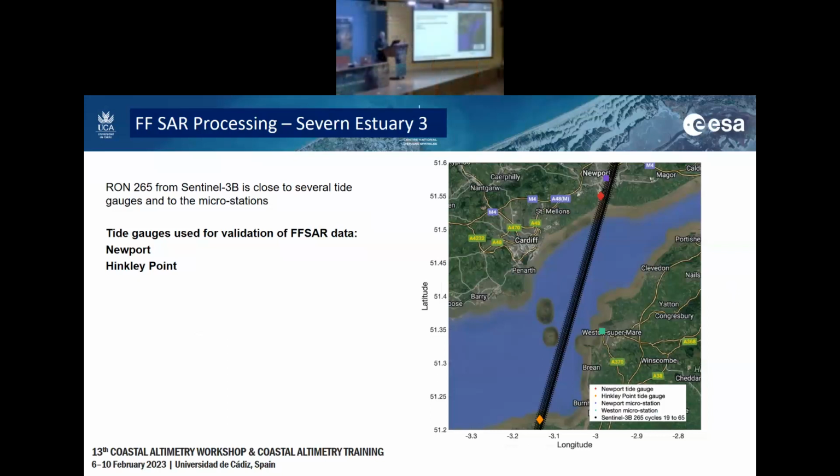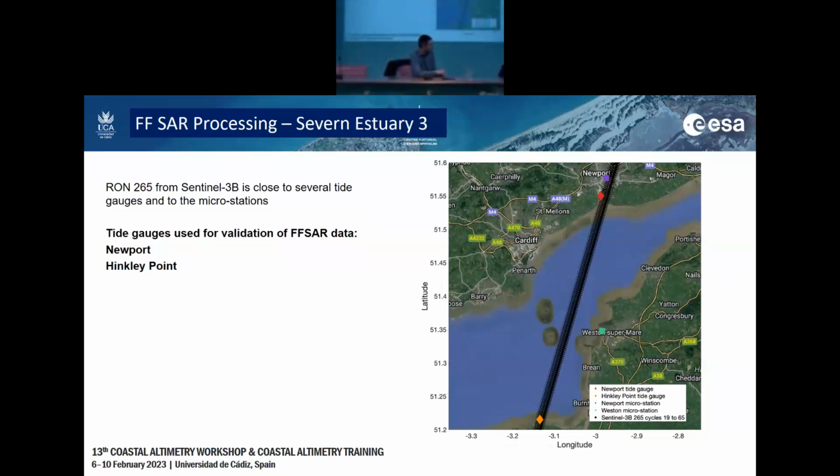Moreover, it's Sentinel-3, so there is the issue with the replica that will surely have an impact on the standard deviation of these results, and also the contamination that can happen. So it's about considering many things, and surely the fully focused SAR retrieval will improve in the future as retrackers tailored for the inland water domain are developed. Okay.